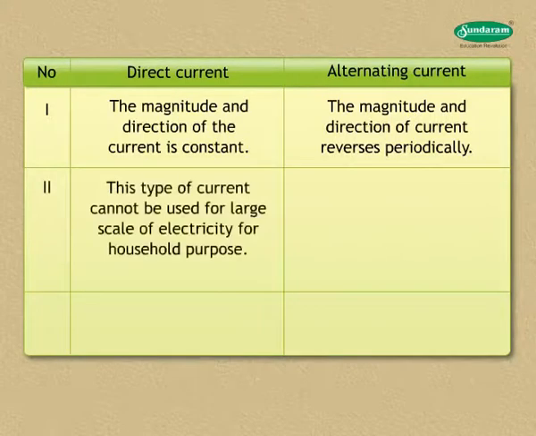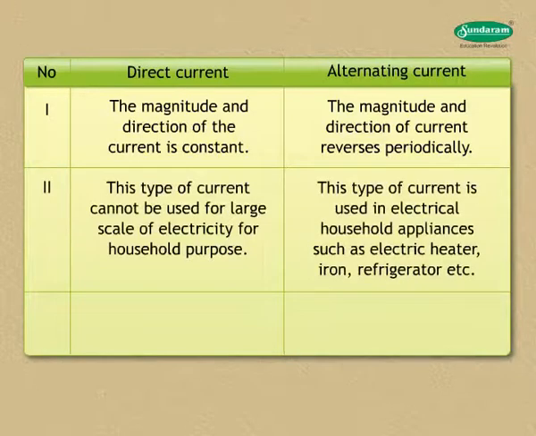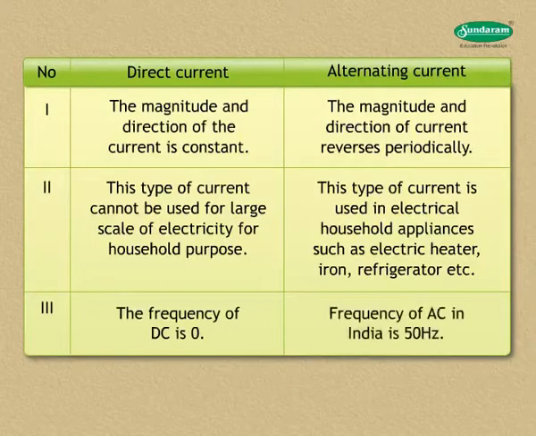Second, DC cannot be used for large-scale electricity for household purposes, whereas AC is used for large-scale applications. Third, frequency of DC is always 0, whereas frequency of AC in India is 50 Hz.